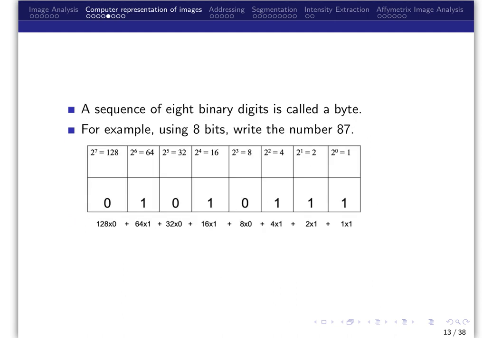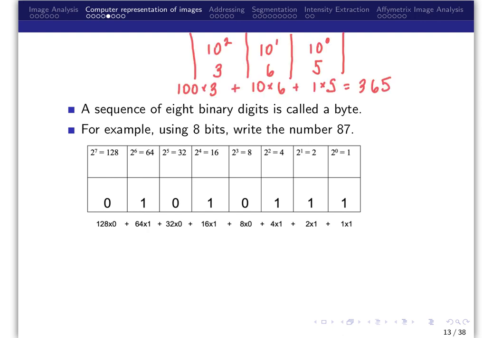Our numbering system is denary, that is, the base or radix is 10. Therefore, numbers are naturally represented as multiples of ones, tens, hundreds, thousands, etc. When storing a number like 365 using our denary system, it looks like this. There are 5 ones, 6 tens, 3 hundreds.